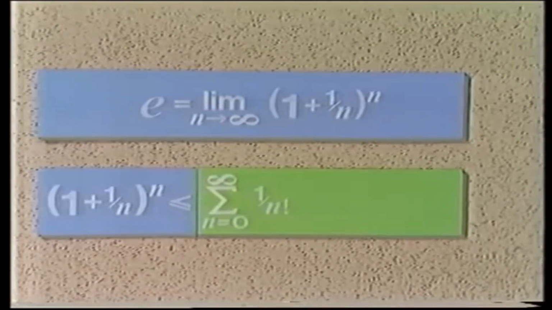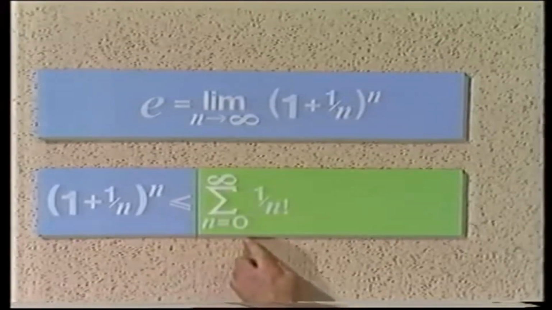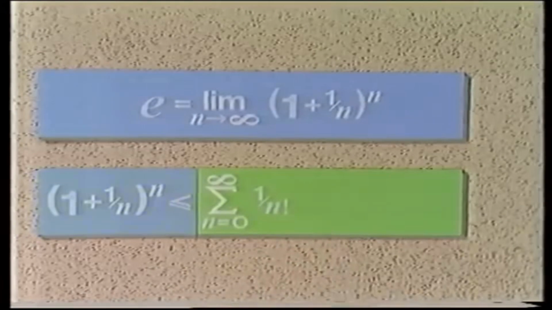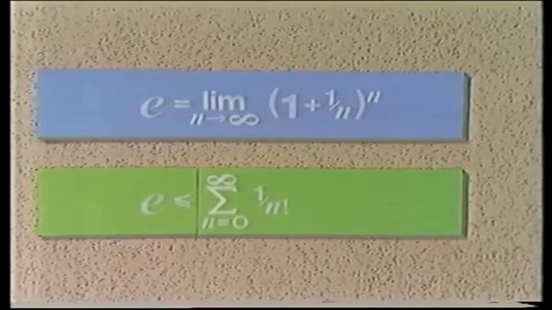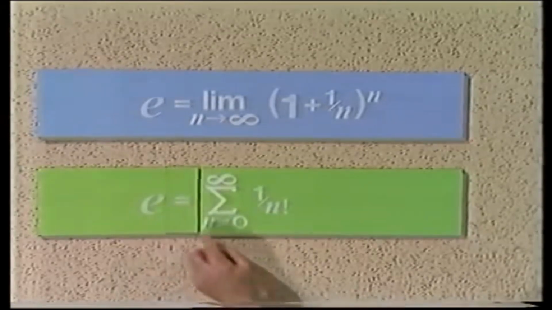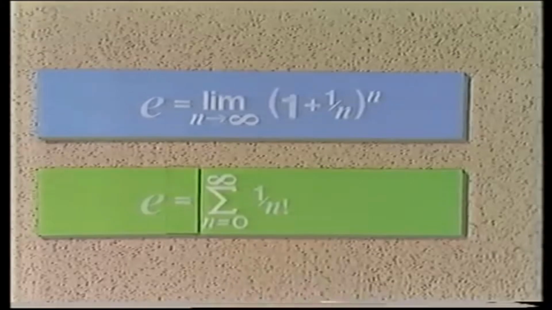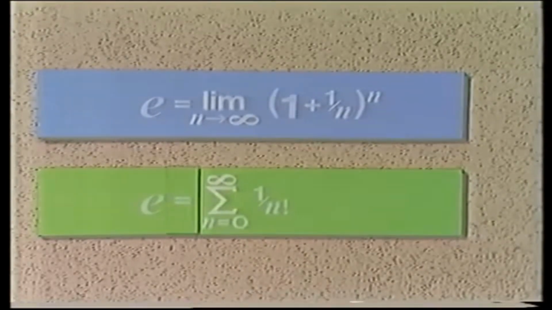In which case, the limit inequality rule gives us the result that this is an upper bound for e as well. In fact, a much stronger result is true, as you'll see in the unit. e is equal to this infinite series. But first, let's justify that this series is convergent.